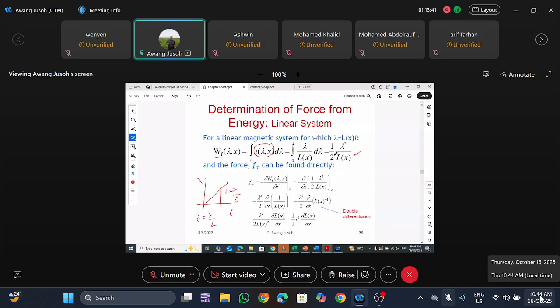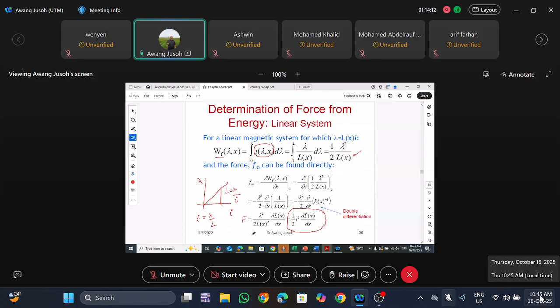Then substitute. 1 over L(x) becomes L(x) to the power of negative 1. Then you do double differentiation, two times differentiation. Then you get this formula: half I squared dL(x)/dx. Then you get the force for the particular device.